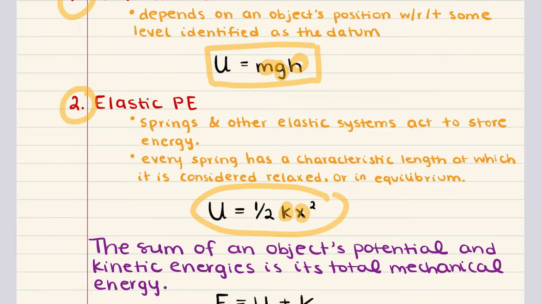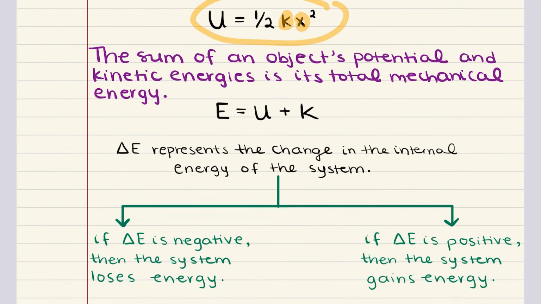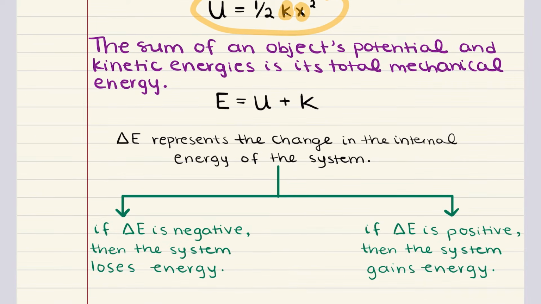This equation tells us that the energy stored in a spring depends on both the stiffness of the spring and the amount of stretch or compression. So the farther the spring is stretched or compressed, the more potential energy it stores. Now, with a clear understanding of both kinetic and potential energy, we can begin to explore the concept of total mechanical energy.